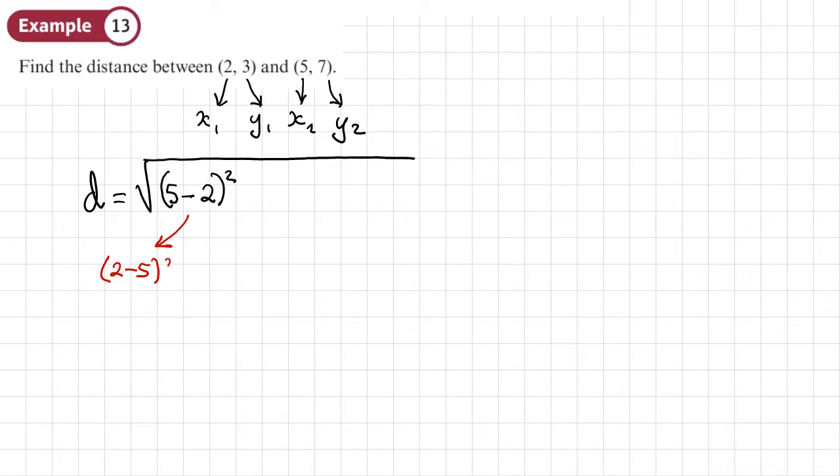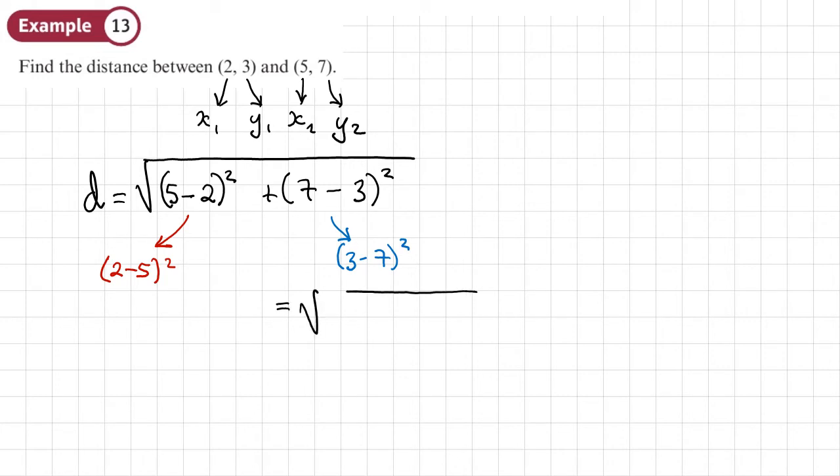And then for the second bit, we're going to have plus y2, 7 minus 3 squared. And again, this could be as 3 minus 7, because once you square it, you're going to get the same result. Right, so let's work out what this is. So 5 minus 2 is 3, so you're going to have 3 squared. 7 minus 3 is 4, so you get 4 squared.